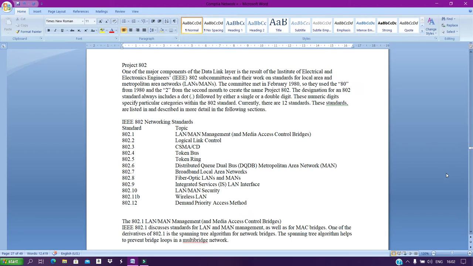IEEE 802 networking standards, standard and topic. 802.1: LAN/MAN management and media access control bridges. 802.2: Logical link control. 802.3: CSMA-CD. 802.4: Token bus. 802.5: Token ring. 802.6: Distributed queue dual bus metropolitan area network. 802.7: Broadband local area networks. 802.8: Fiber optic LANs and MANs. 802.9: Integrated services LAN interface. 802.10: LAN/MAN security. 802.11b: Wireless LAN. 802.12: Demand priority access method.